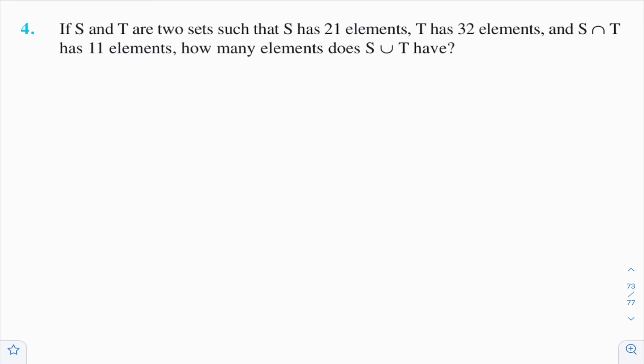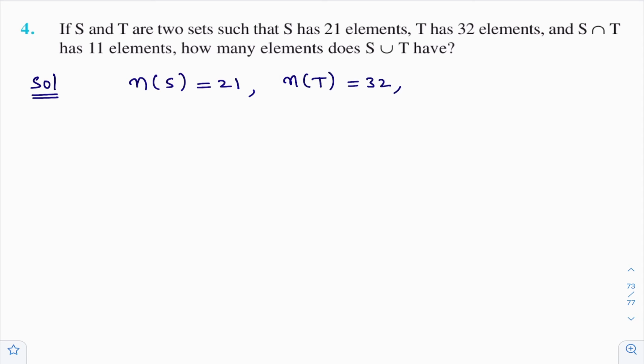You observe this question. If S and T are two sets such that S has 21 elements, clearly they are saying that S has 21 elements. So I can write directly, n of S equals 21. And T has 32 elements, that means n of T equals 32.